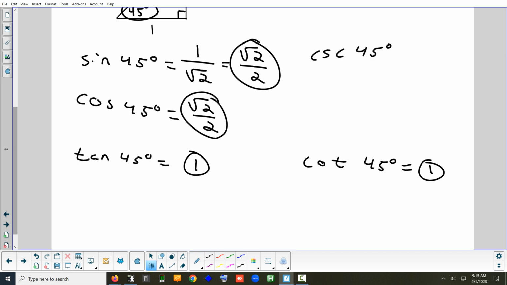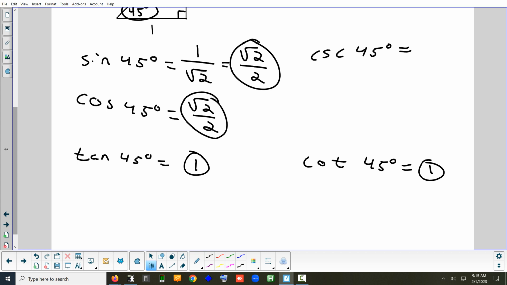Okay, what does CSC stand for again? Cosecant. It's the only trig function that doesn't have the first 3 letters as an abbreviation. It uses the first letter of each syllable. Cosecant.